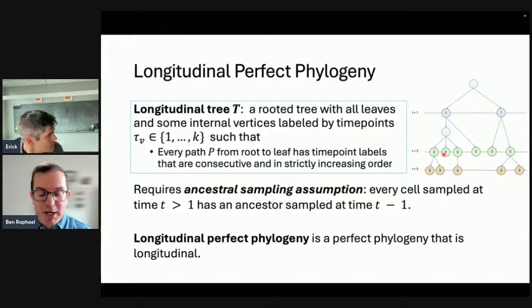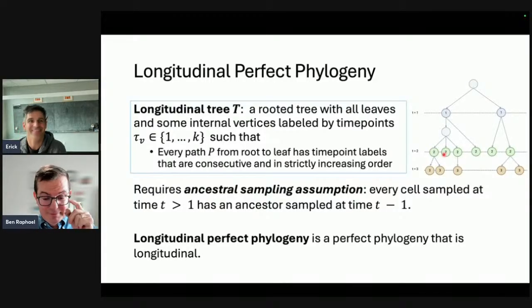We just didn't measure it. In essence, in the definition we've said we completely sampled everything, and then we ask, is the data actually consistent with this complete sampling? So we're ruling out disappearance due to undersampling.